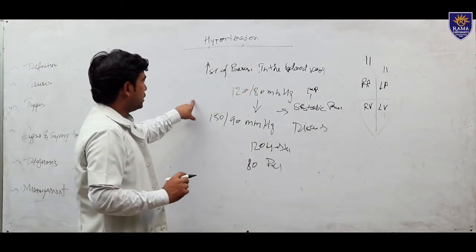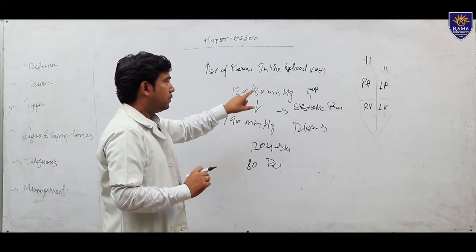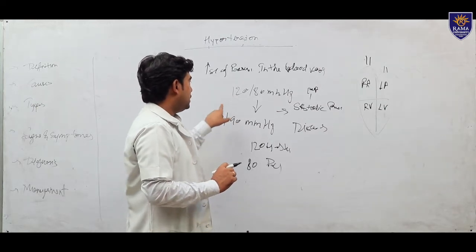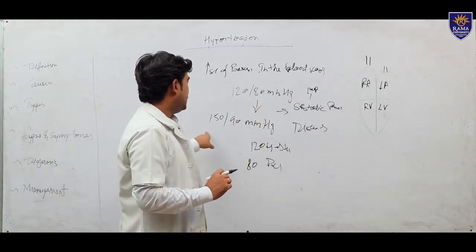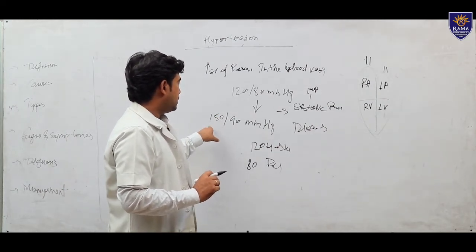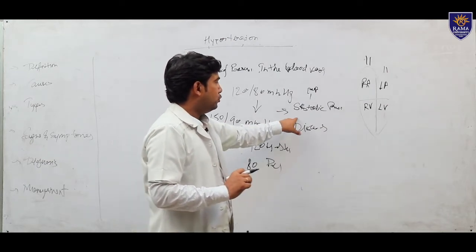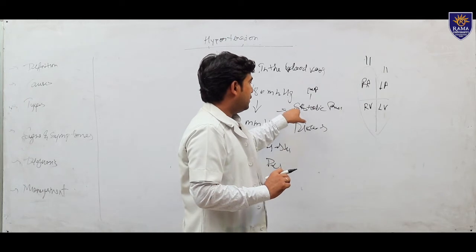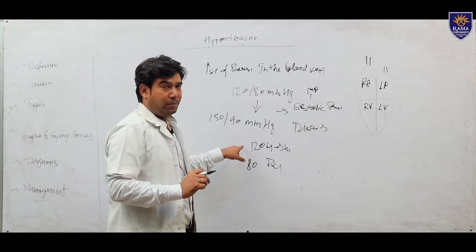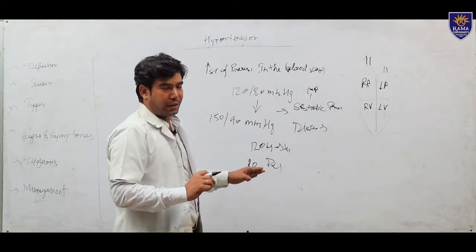Here, the pressure of the blood vessels, meaning the walls of the blood vessels or arteries, is normally 120 by 80 mm Hg, and when it increases, the pressure is elevated to 150 by 90 mm Hg. Two pressures are shown: first is systolic and second is diastolic. Systolic is 120, the upper reading, and diastolic is the lower reading.